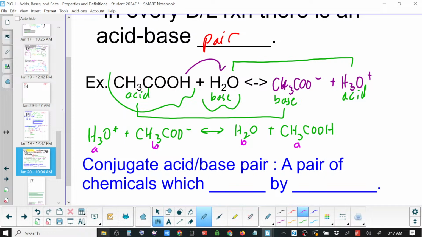And we get the same conjugate acid-base pairs. Which is obviously leading into the theme of the entire year, that this can be a reversible reaction. It can go either way.